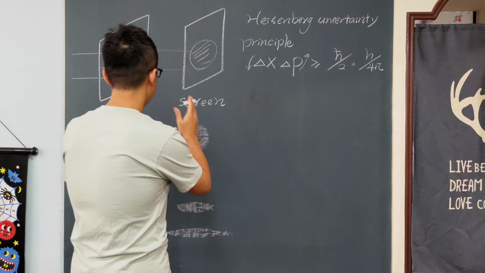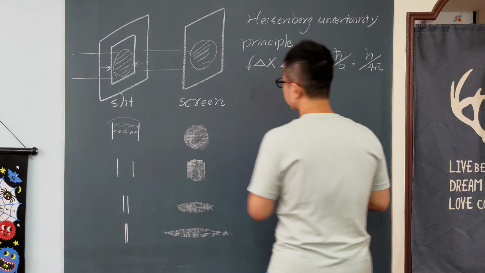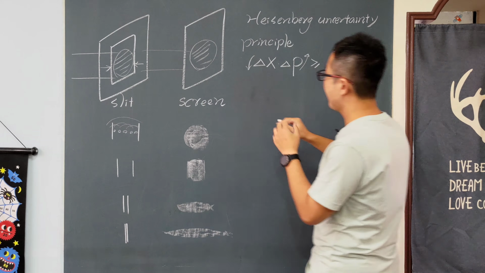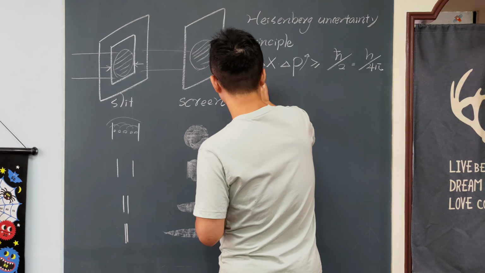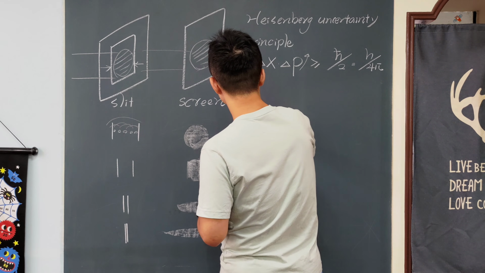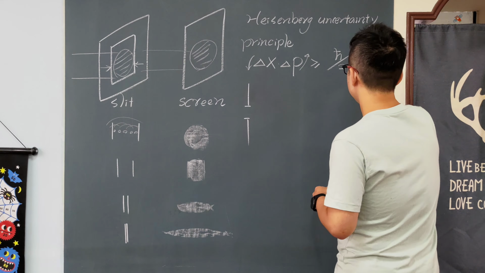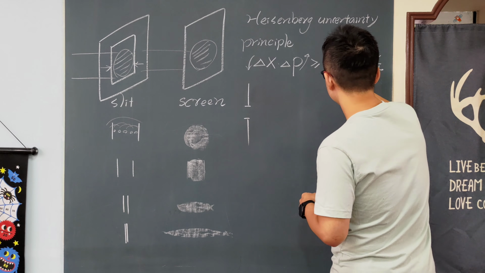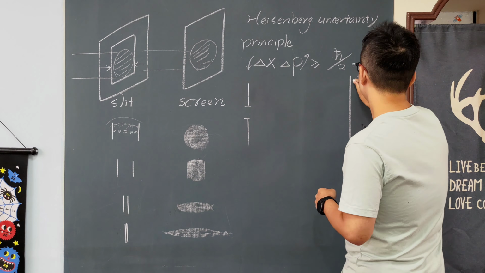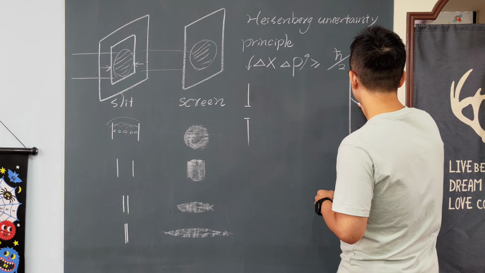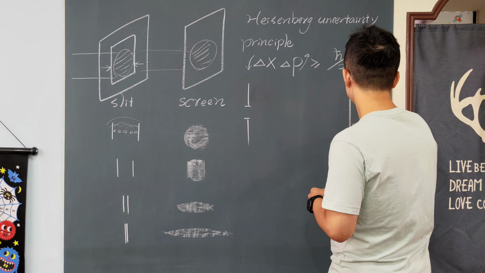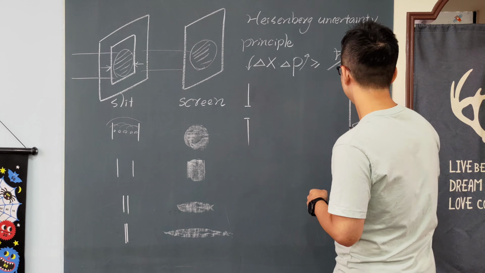So if we check this pattern with another aspect like this, this is your single slit, and this is your diffraction pattern, and this is the intensity as a function of the y-axis.